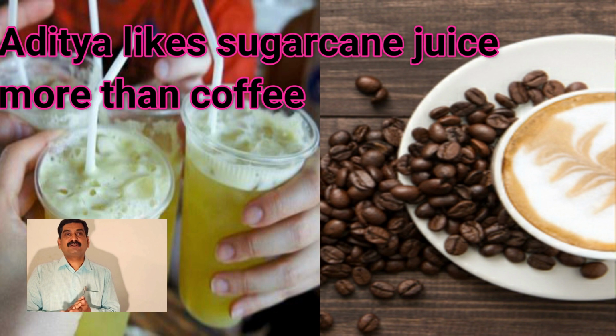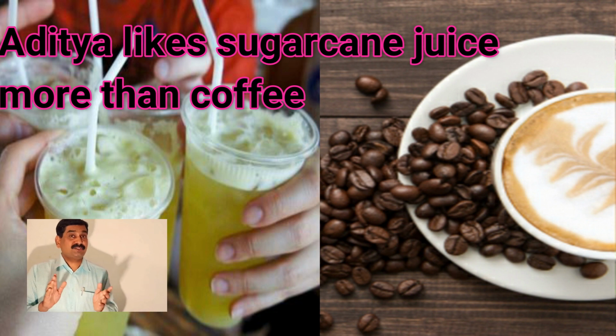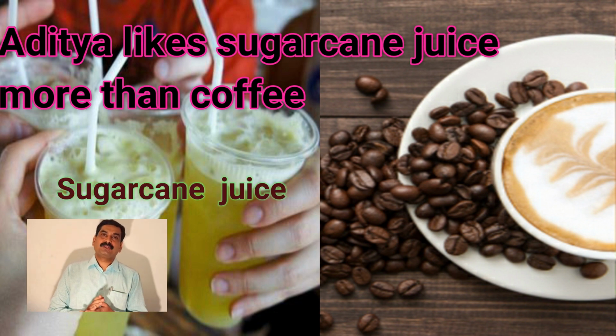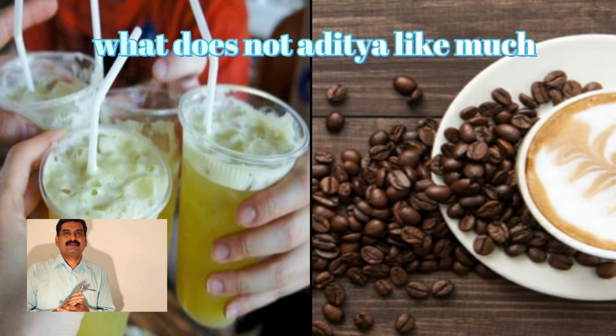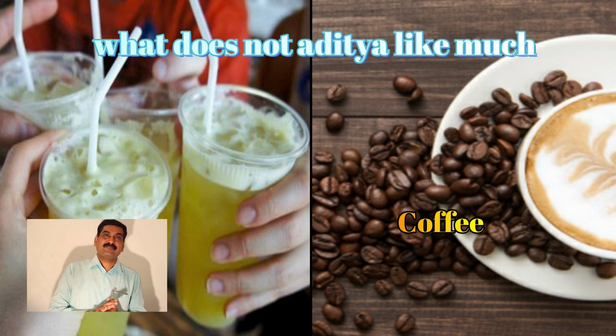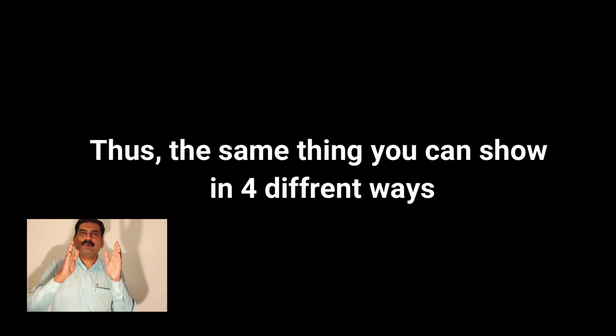Aditya likes sugarcane juice more than coffee. What does Aditya like more? Aditya does not like coffee as much as sugarcane juice. What does not Aditya like much? Yes, coffee. And he likes sugarcane more. So thus, the same thing you can show in four different ways.